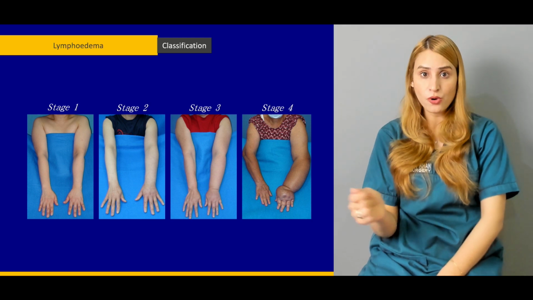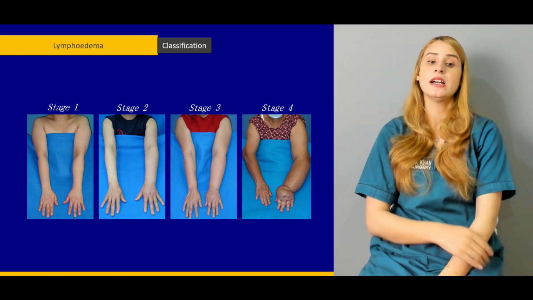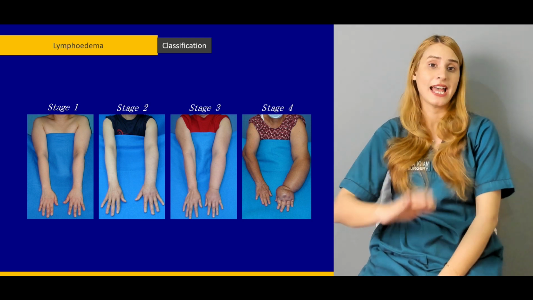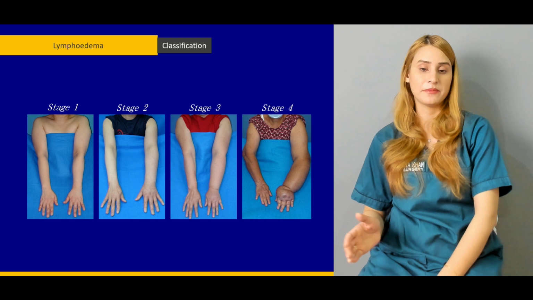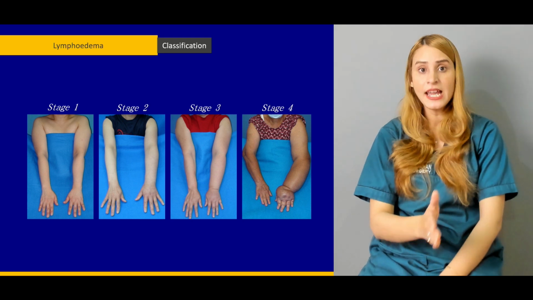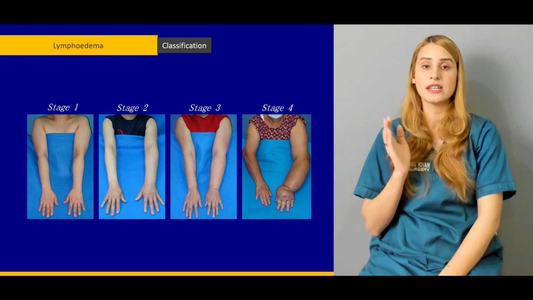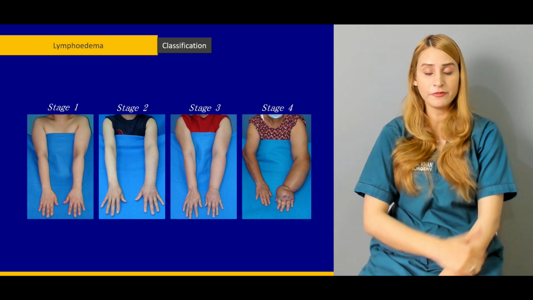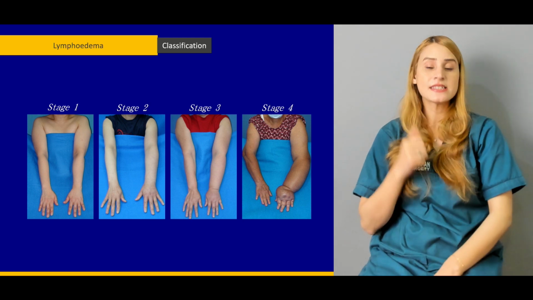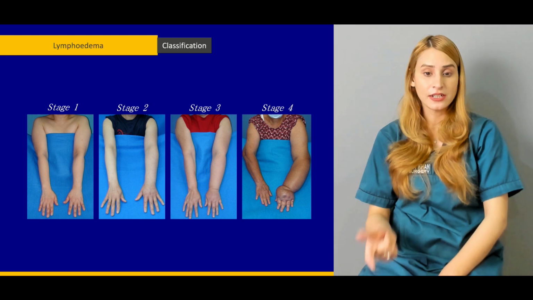And in stage 4, there are skin changes as well. So in stage 1, no clinical lymphedema, but subclinical evidence of the lymphedema. In stage 2, pitting is present, like this tremor sign. This is called the tremor sign. When there's a lymphedema and you try to press it, and there's pitting, then this is stage 2.